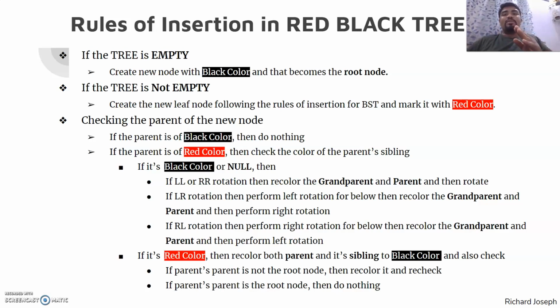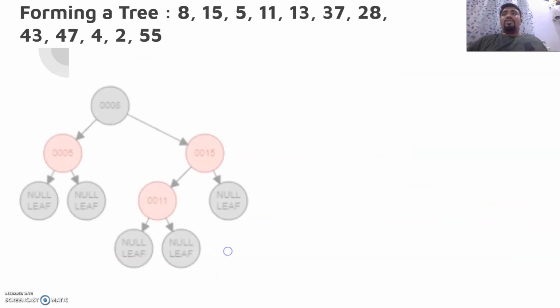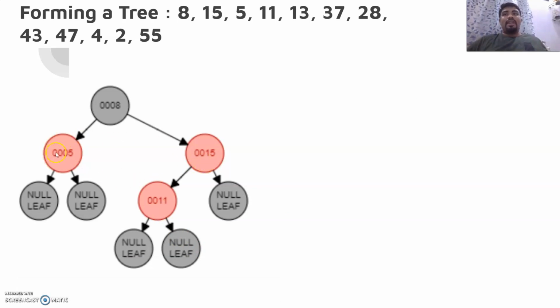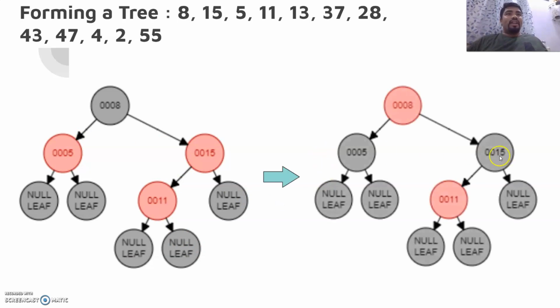So you can see the last point is saying the same thing. So let's understand how we are going to proceed. We are going to recolor both my parent and the sibling, that means parent and my uncle, right? Now, I recolor them, they both go black. And then I try recoloring the grandparent also. But do you think this is right? Do you think we should be recoloring the grandparent?